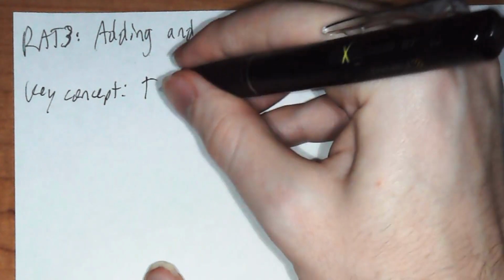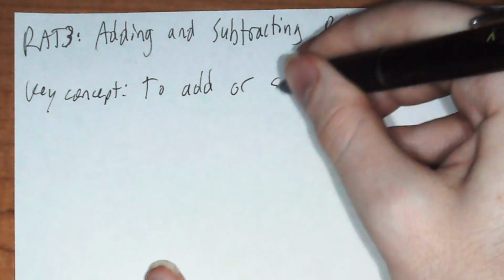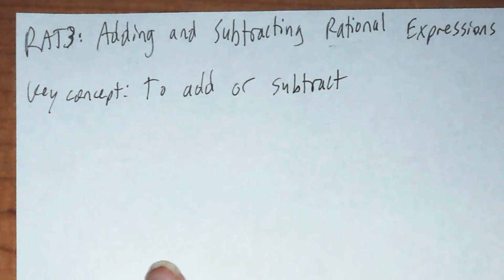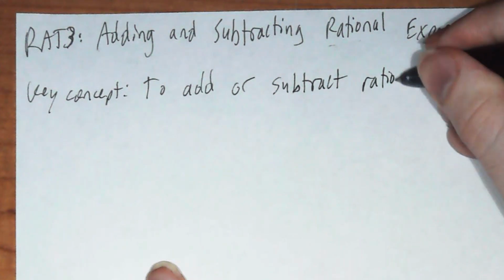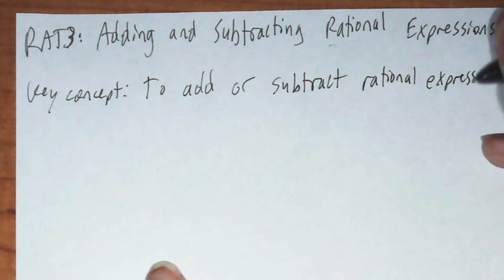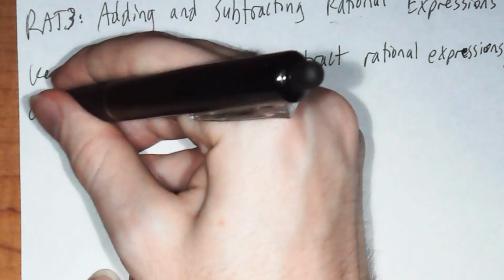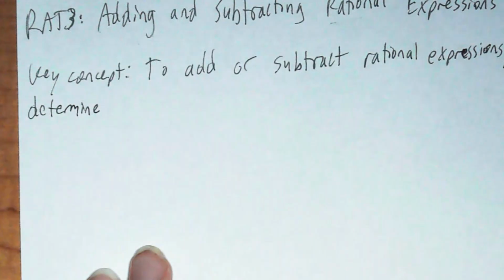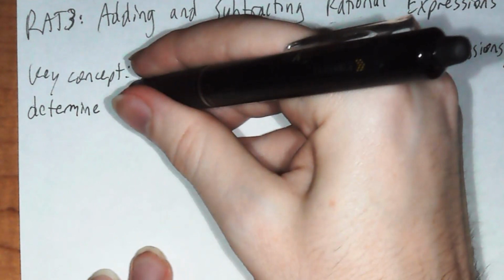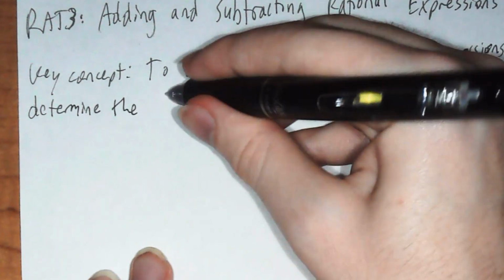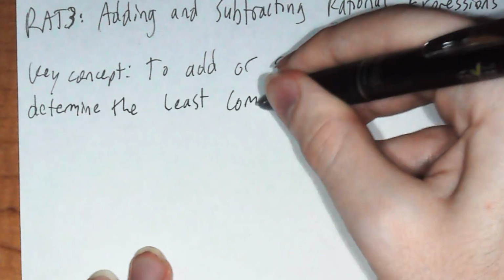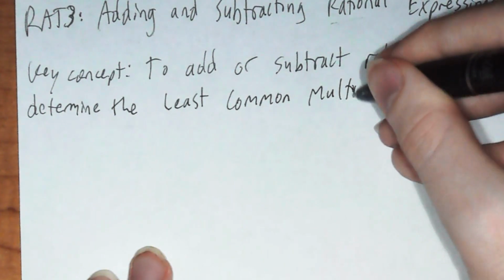Key concept here is to add or subtract rational expressions, you must first determine the least common multiple.